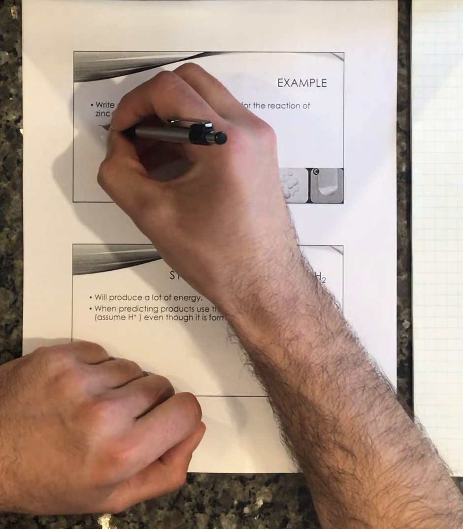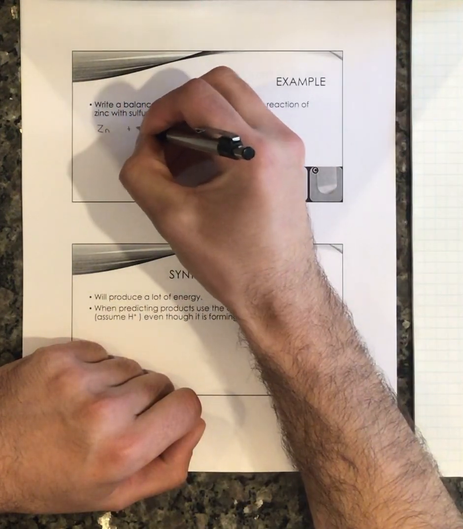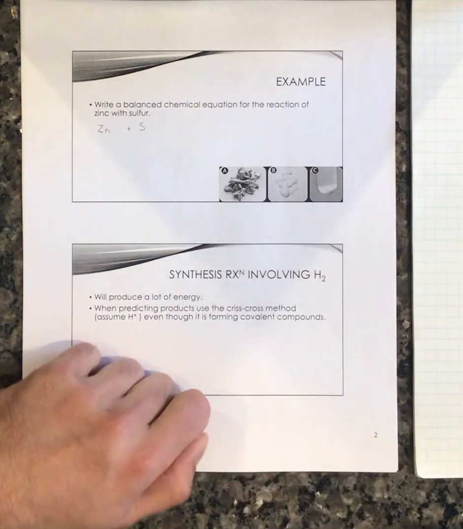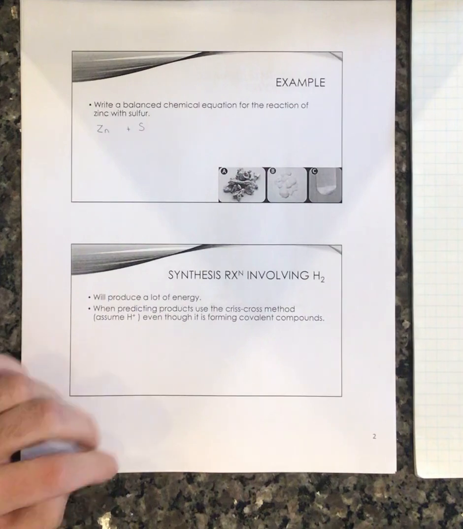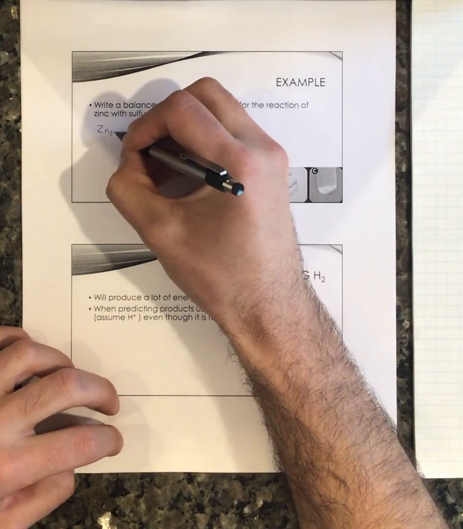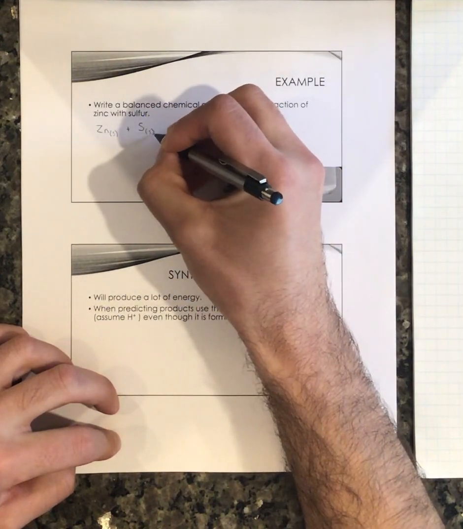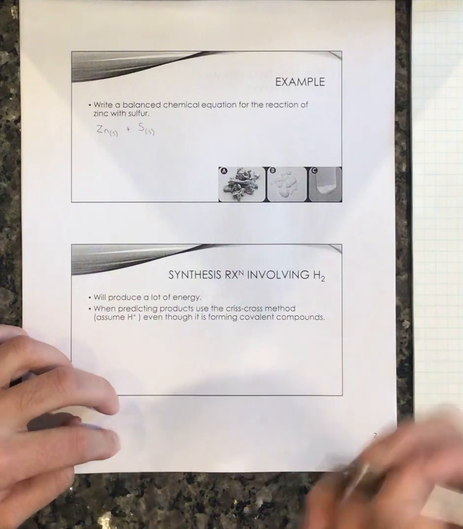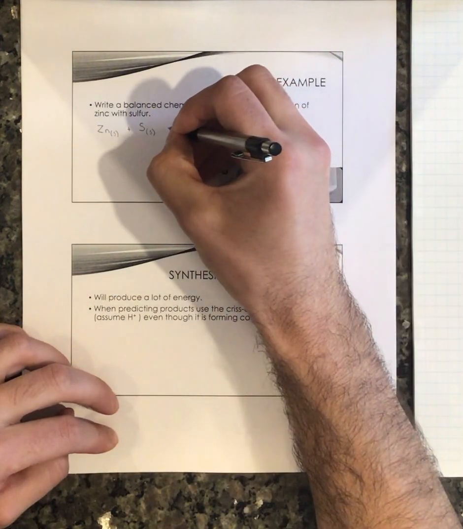So zinc is Zn and sulfur is S. Now, once again, something that we need to make sure that we have is our states. So zinc is a solid at room temperature, and so is sulfur. And once again, these are going to be combining to make a new compound.